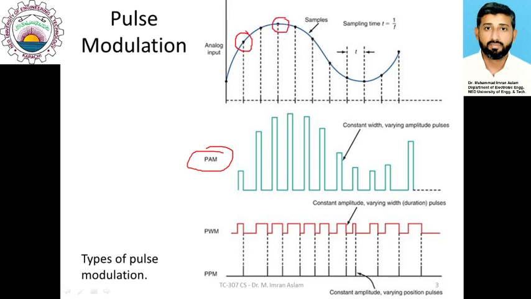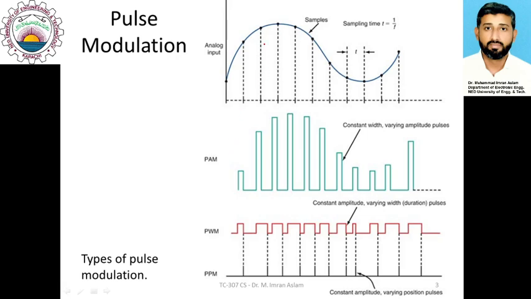You can see that the higher amplitude here is represented by a relatively higher amplitude of the pulse. A relatively low amplitude here is represented by the low amplitude of the pulse. And you can see that the simple information can be extracted by comparing the amplitude of the pulses. The waveform actually follows the amplitudes of the pulses, which are represented in pulse amplitude modulation.